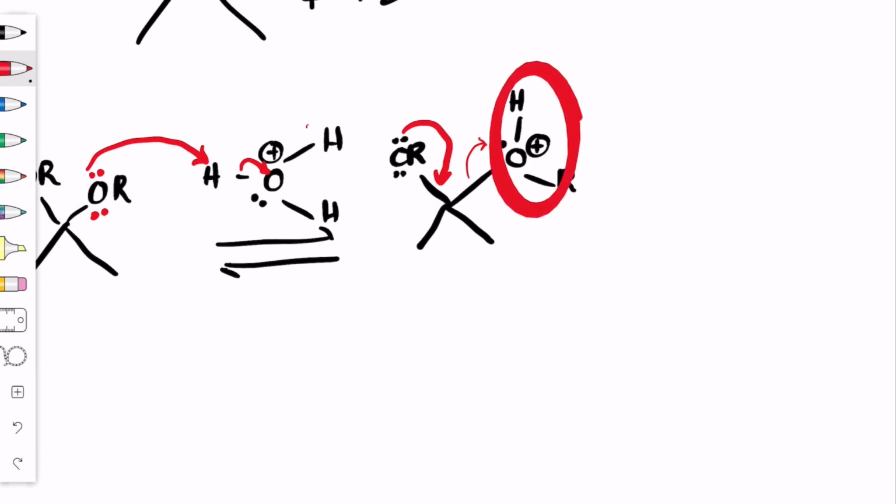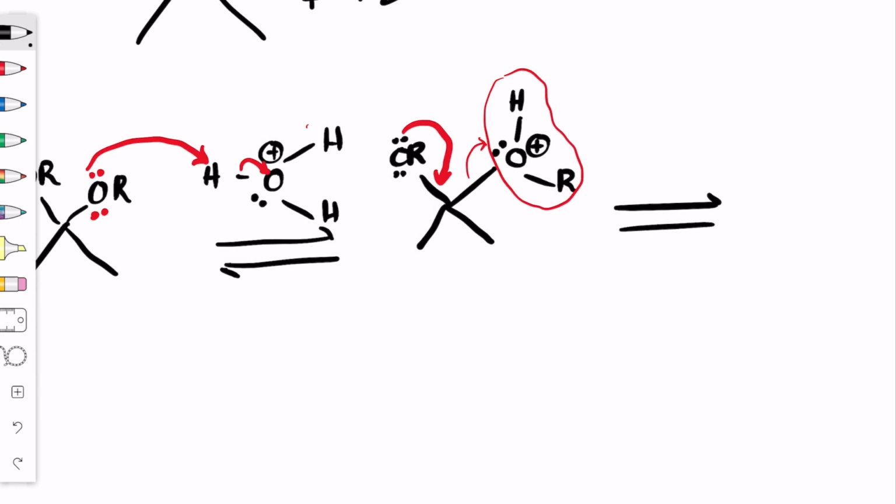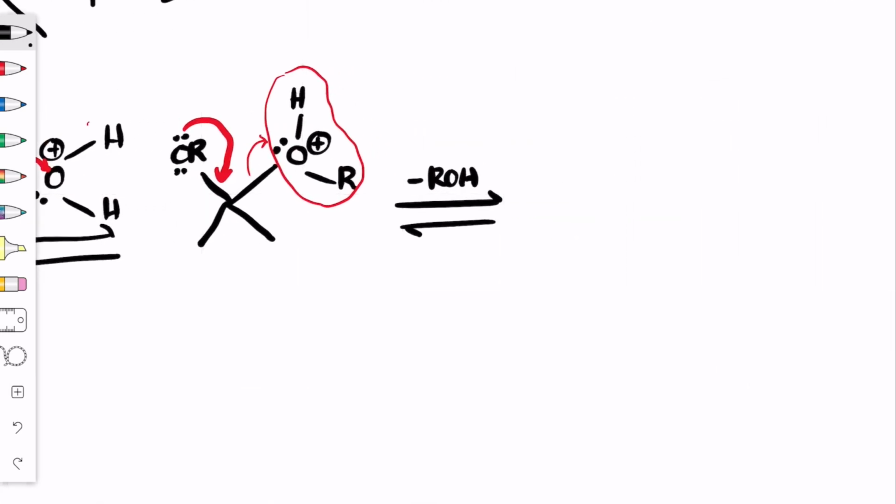So when you remove ROH, what do you have left? You have a double bonded oxygen that is bonded with an R group and positively charged, because it still lacks one of the electron pairs.